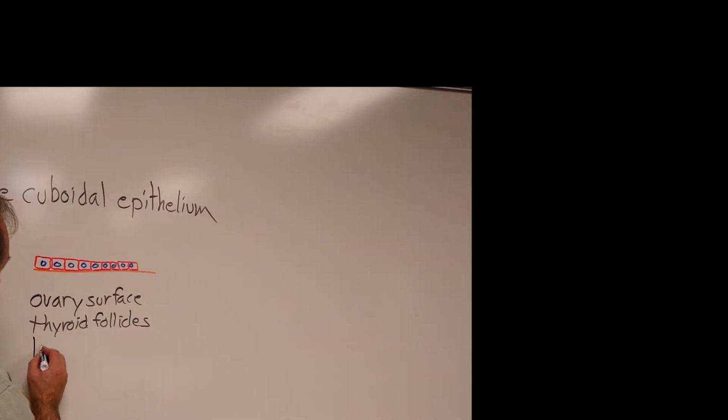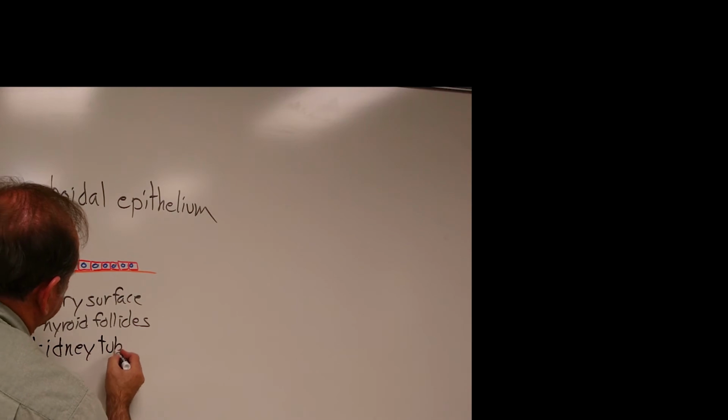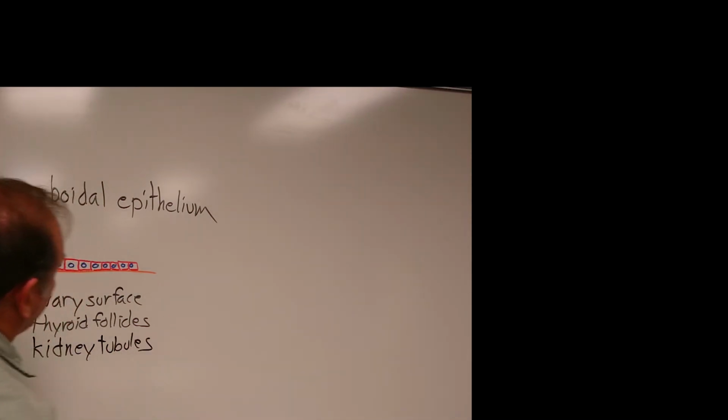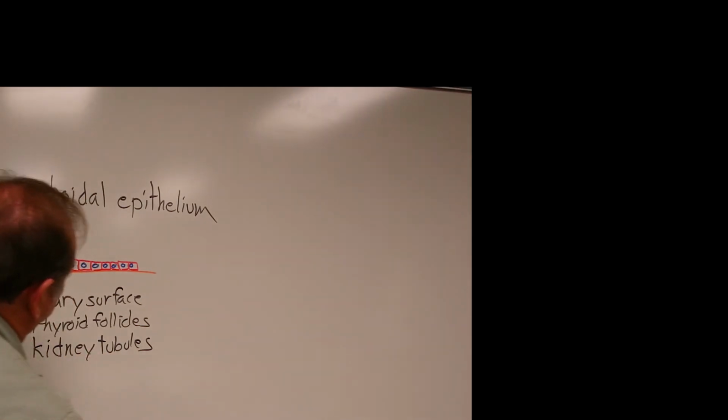Your kidney tubules, that's a good one. Kidney tubules, so as the urine passes through these tiny tubes, water is reabsorbed and urine is changed as it passes through those tubes before it dumps into collecting ducts that drain into the renal pelvis. So anyway, kidney tubules.